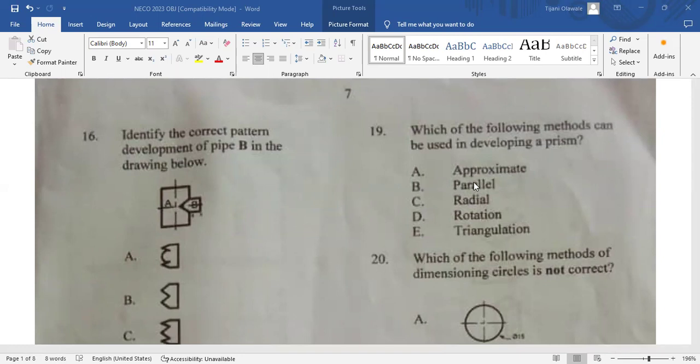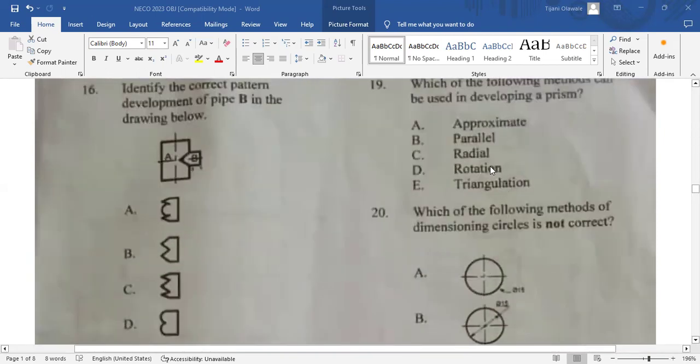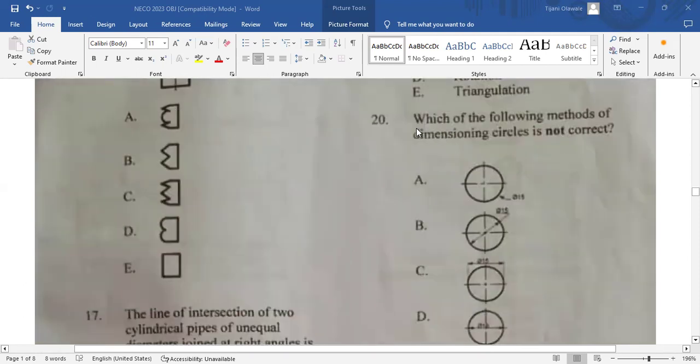That's option B. Prisms and cylinders, we use the parallel line method, while cones and pyramids, we use the radial line method. For the triangulation method, we use that to develop our transition pieces. So the answer to this question is option B. We use the parallel line method to develop a prism.